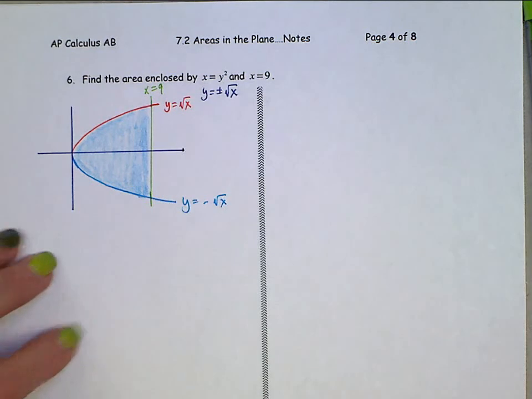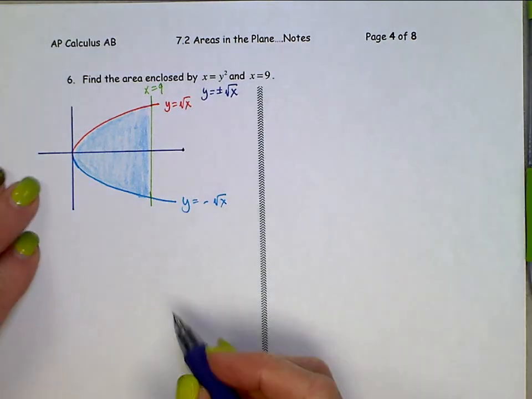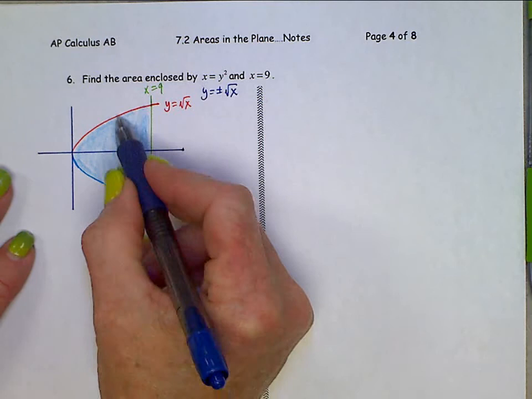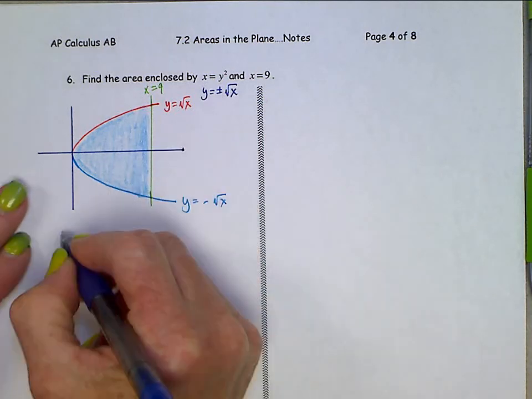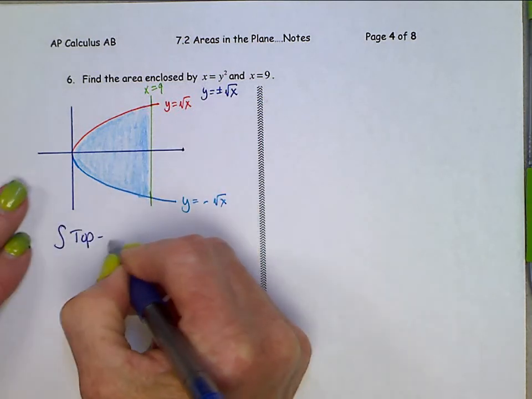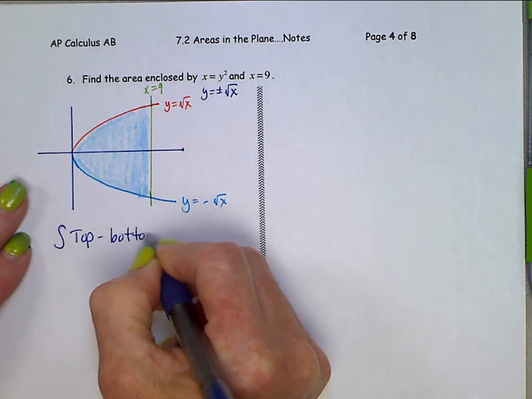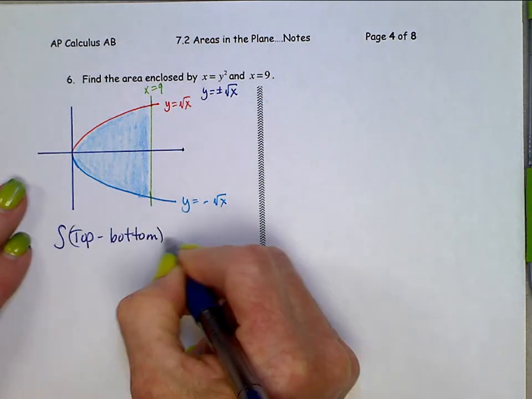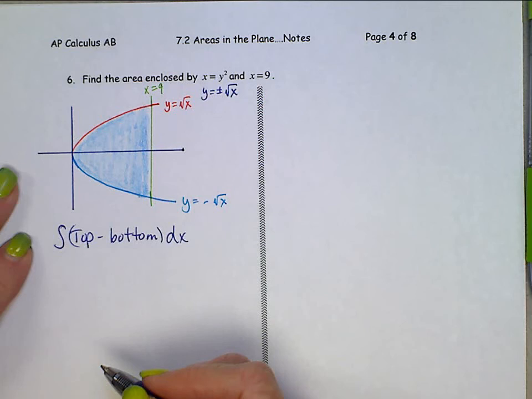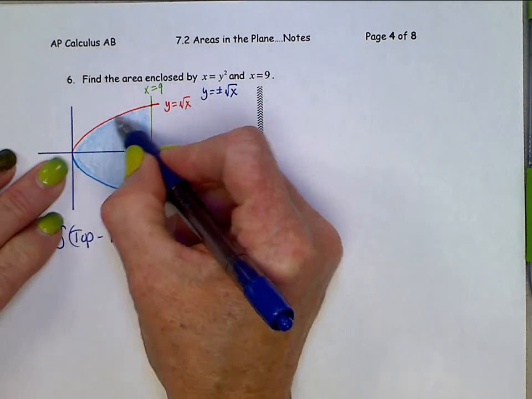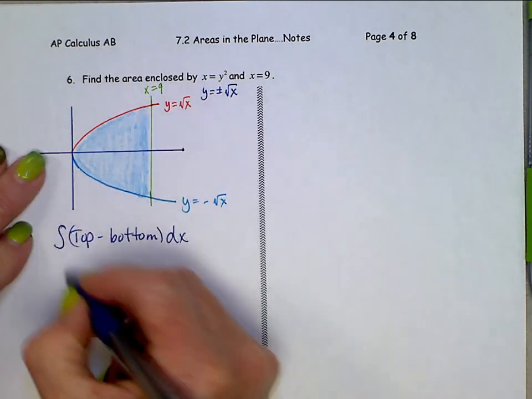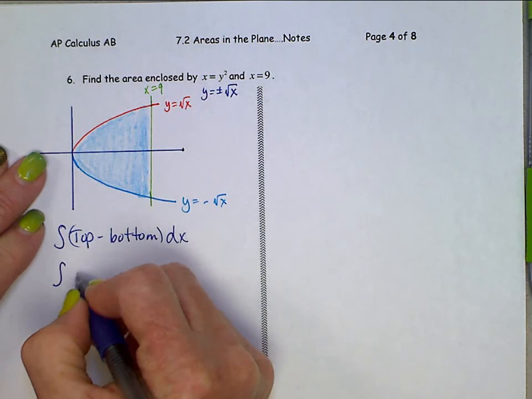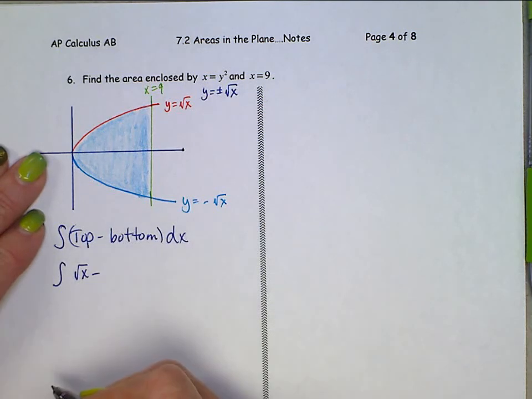All right, so following the same thing that we've been doing, looking at top minus bottom, the top function here is this square root of x minus the bottom function.